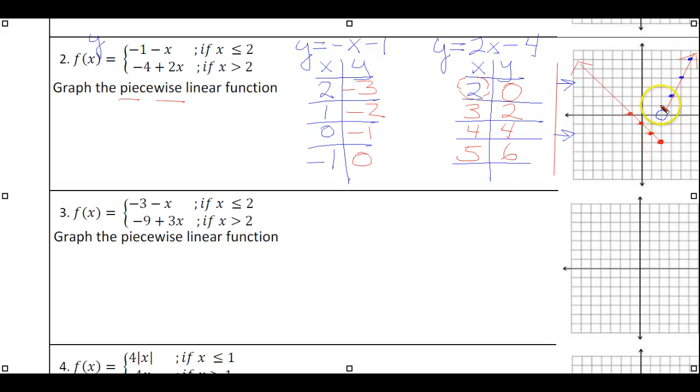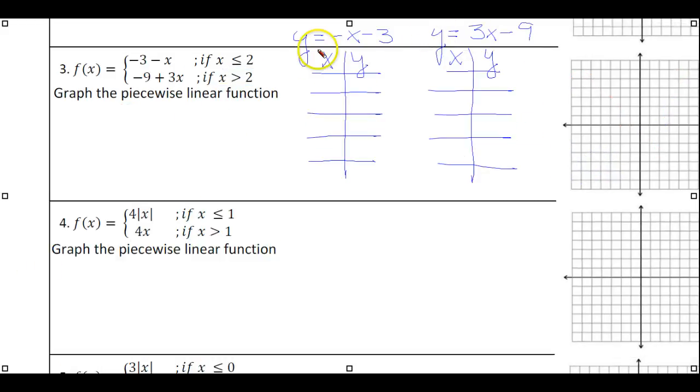So again, when it gets to this point, it only intersects in one place. So this is a function. This is a piecewise graph, where it's a piece of one thing with its restrictions, and a piece of something else with its restrictions. Let's go on.